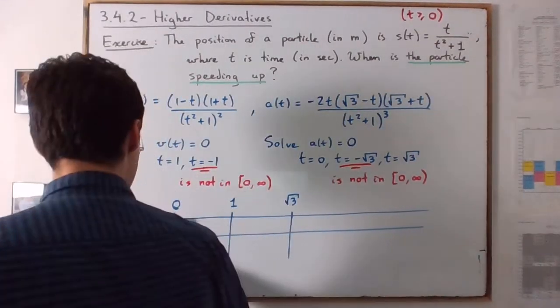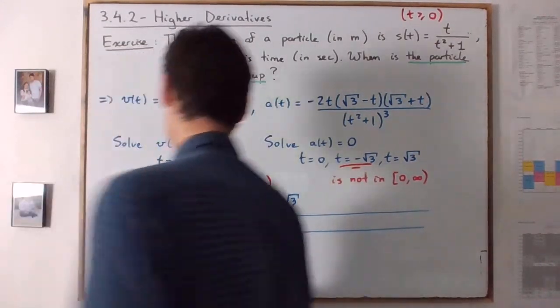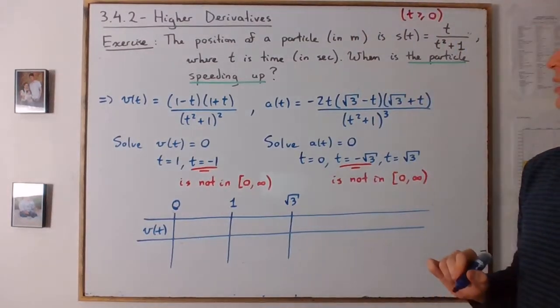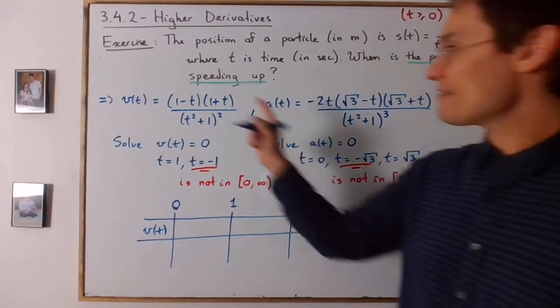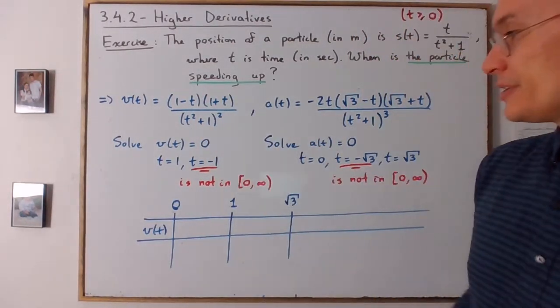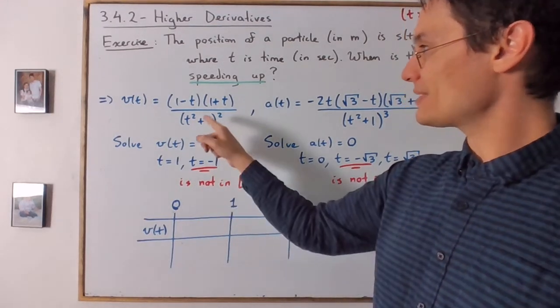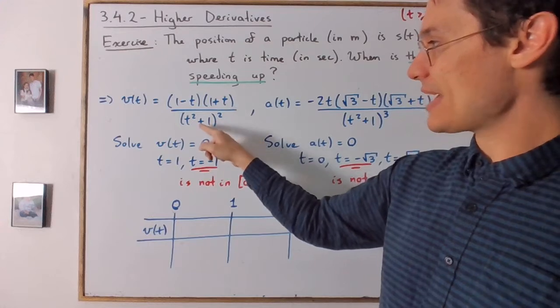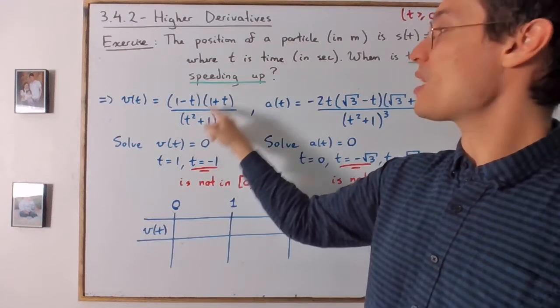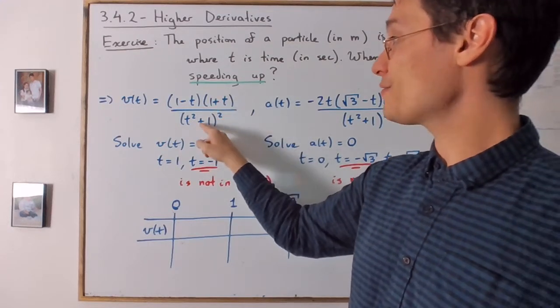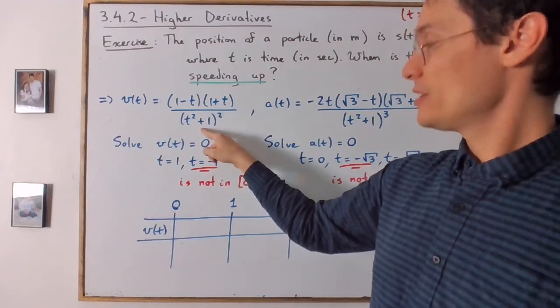And now you're going to look at the factors of v of t. What are they? We have these two things. Note that this and this will always be positive. So these two factors are always positive.